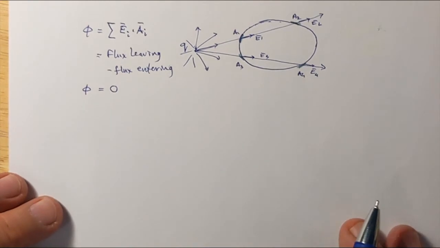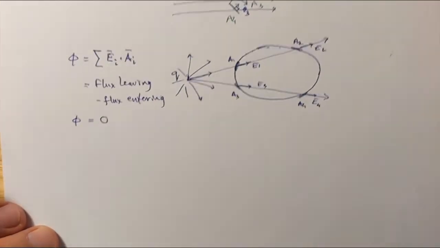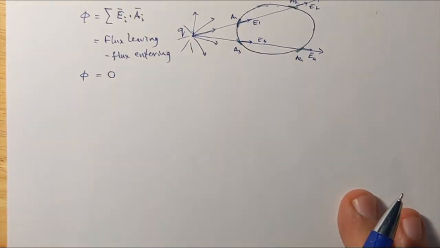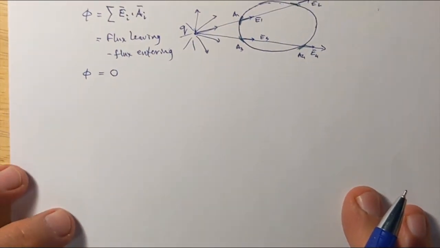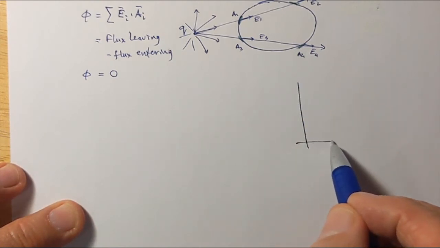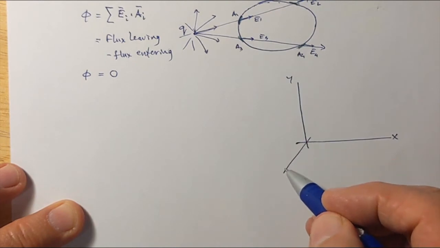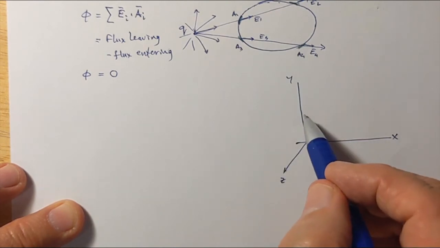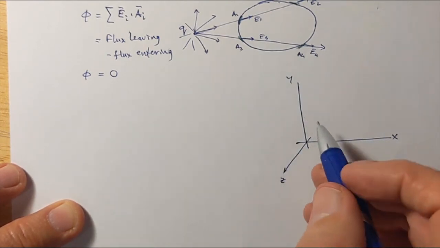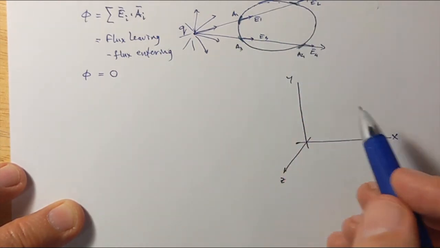Now we can try to prove this again by a little bit of calculus, not really calculus, but just analysis. So let's suppose that we have an x, y, and z coordinate system, and we have a cubical volume instead of a spherical or oval shaped volume.